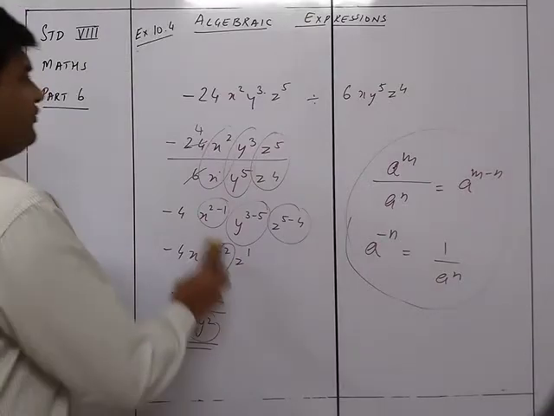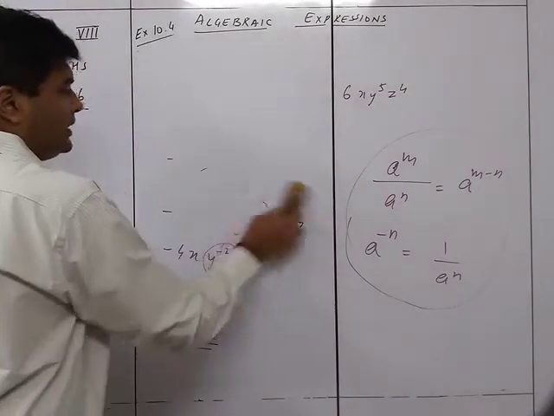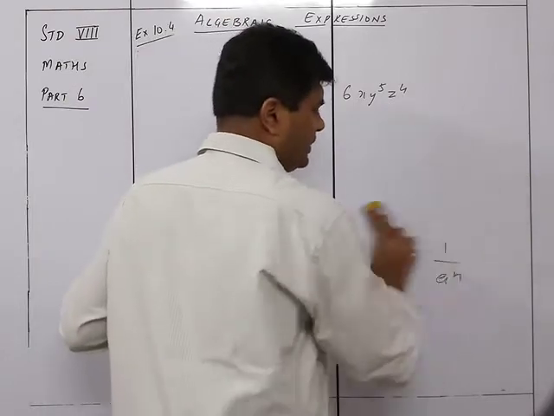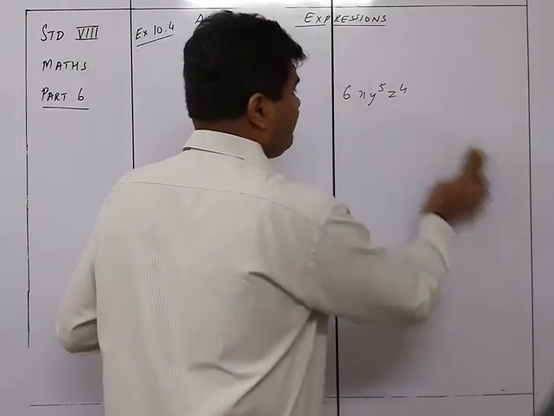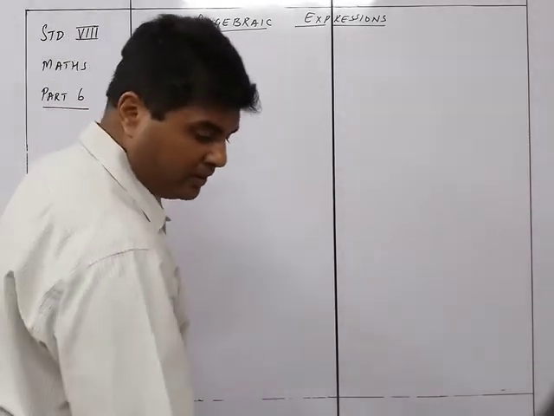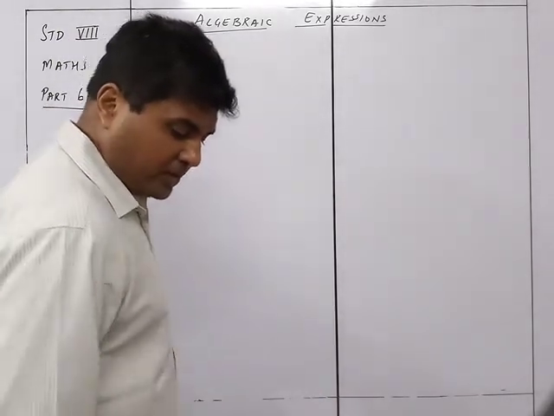Now let's see if I am having a binomial divided by a monomial. There won't be much difference over here. Let's take an example. We can take directly a polynomial, not only a binomial.